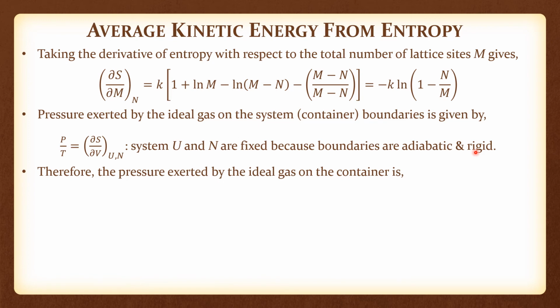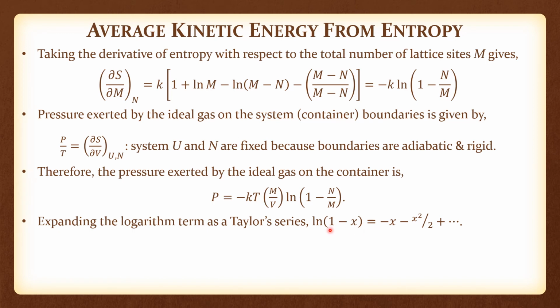Therefore, the pressure exerted by the ideal gas on the container is simply given by this, where we have taken ∂S/∂m at constant n, and to get ∂S/∂V, we multiply that by dm/dV, which is simply m by V. This is P by T, so P is equal to T times ∂S/∂V at constant U and N, and therefore the temperature shows up here.